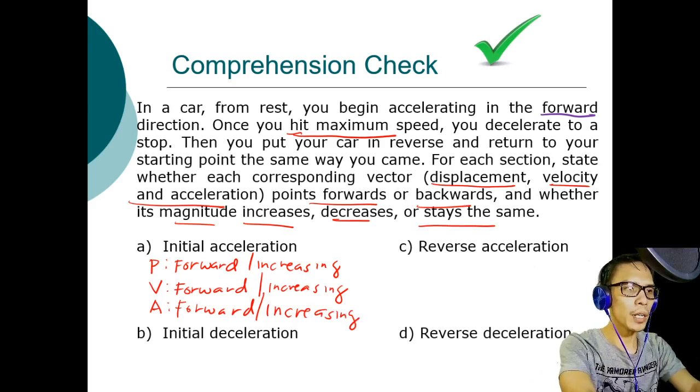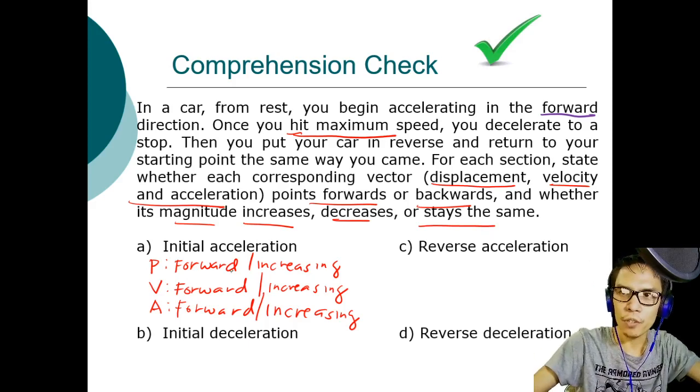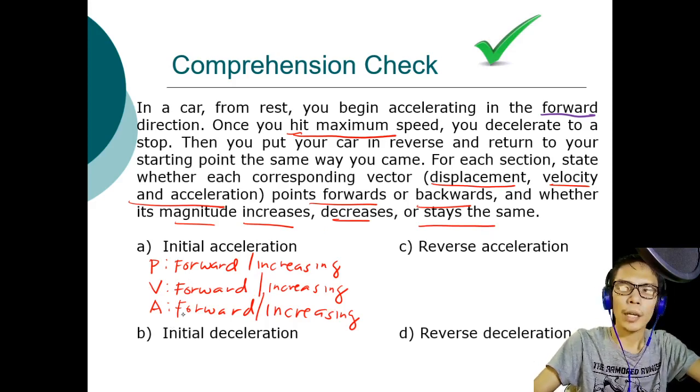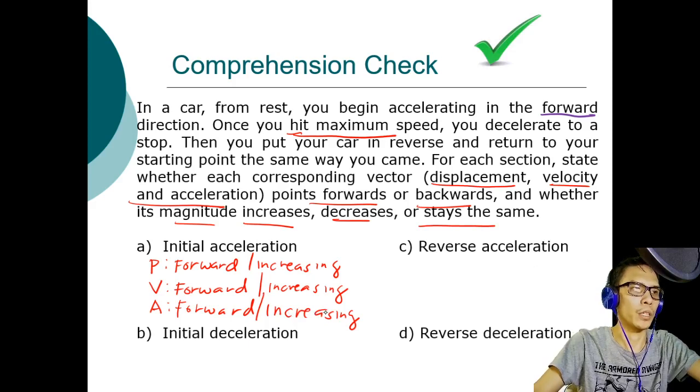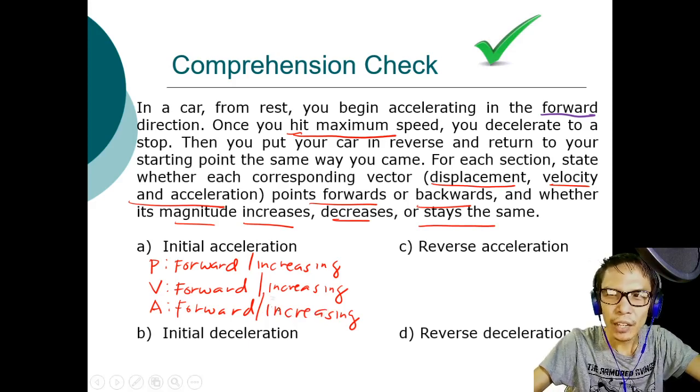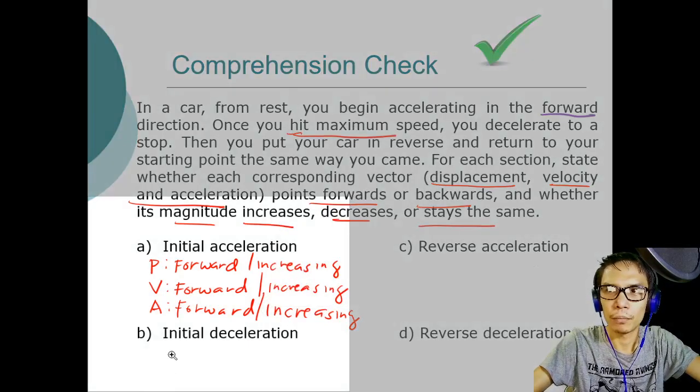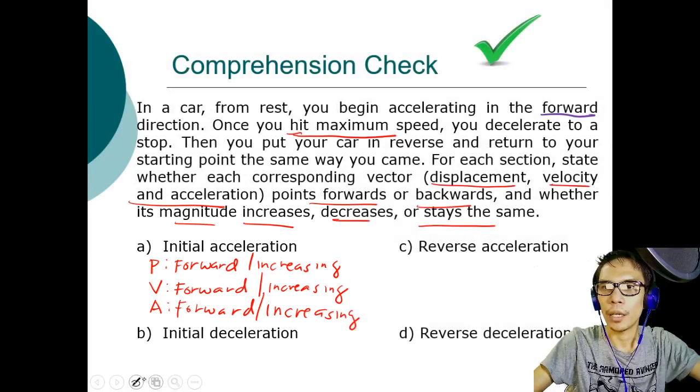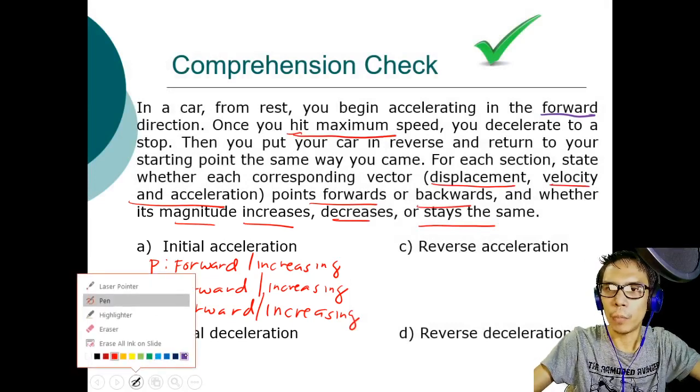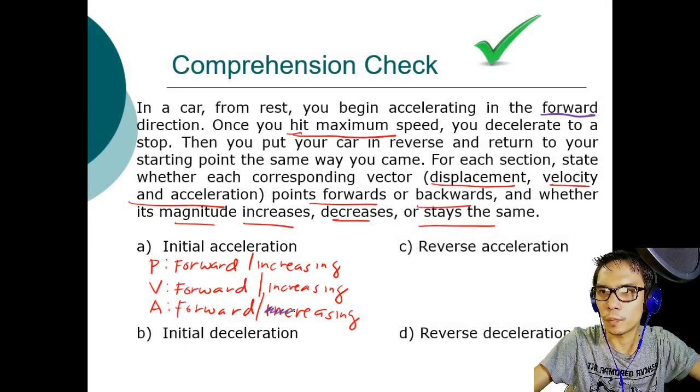Okay, so in initial acceleration, we have position forward, velocity is forward increasing, and acceleration is forward increasing. Rather, I will change this one, I forgot to mention.